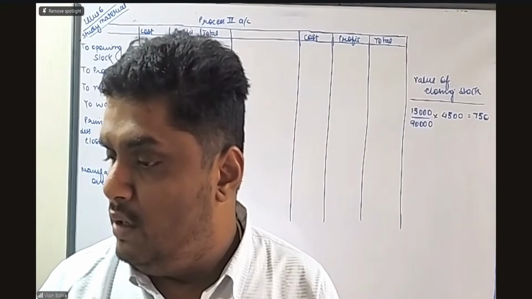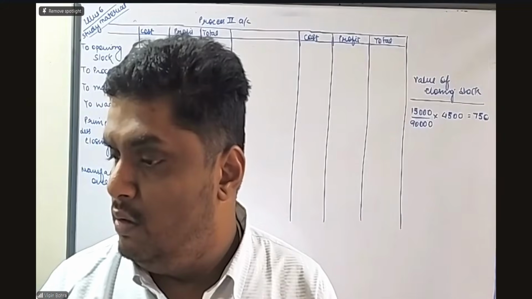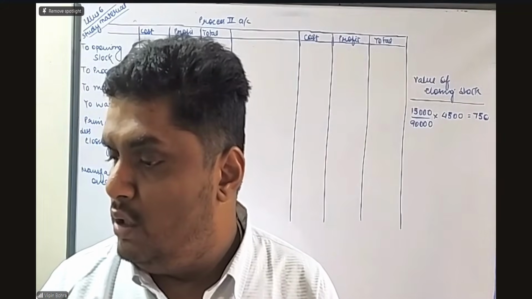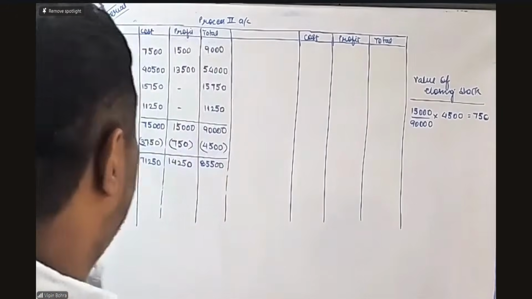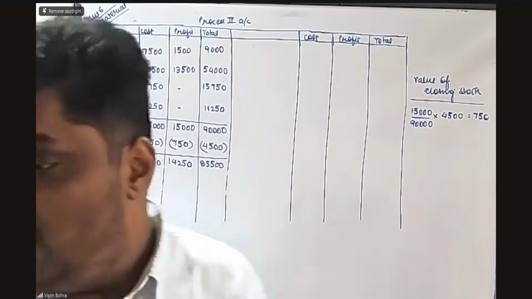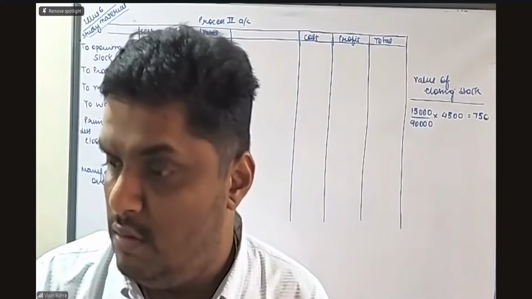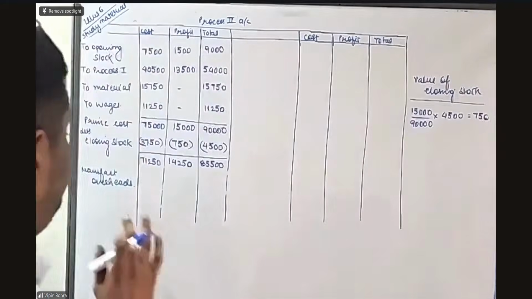Very good, Geeta. Ujita, very good. Pooja, very good. So manufacturing overheads are how much? My manufacturing overhead or factory overheads are 4,500.